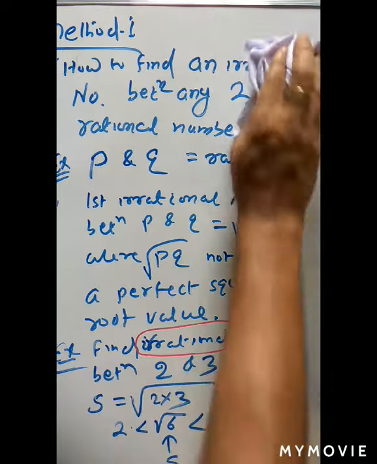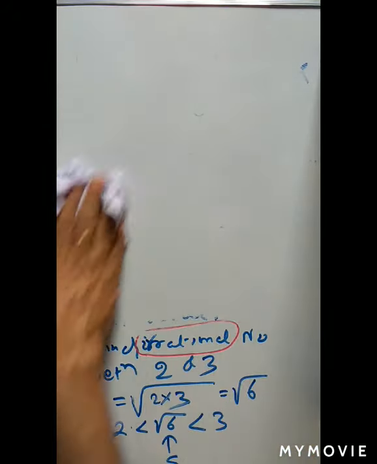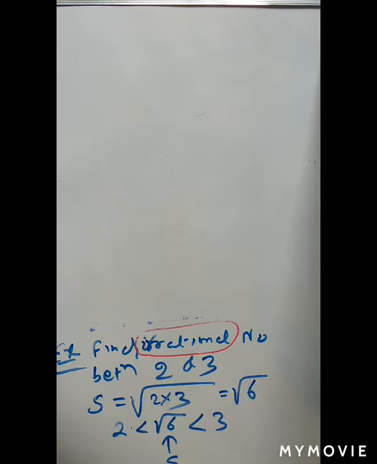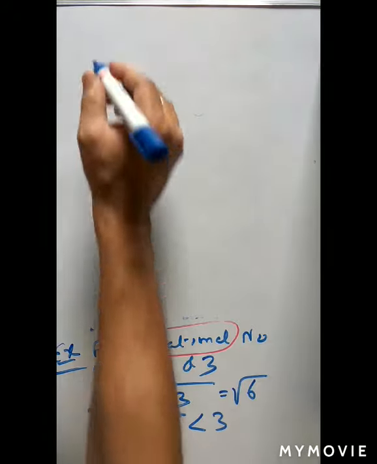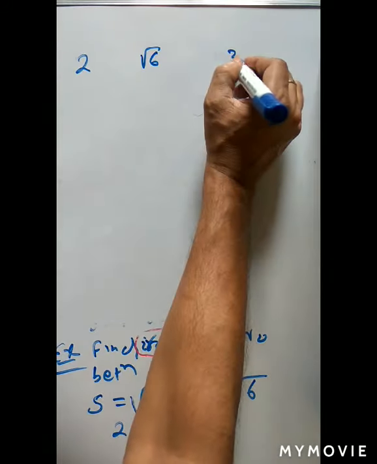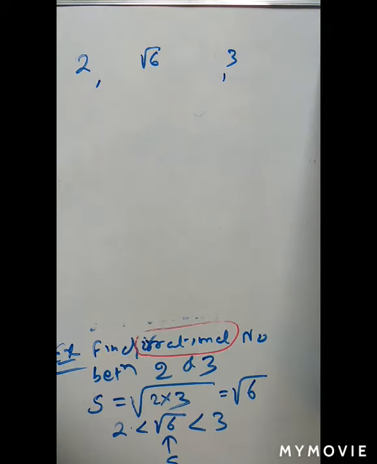Is it clear? Now suppose I want to find another irrational number between 2 and 3. First I got, this is 2, this is root 6, this is 3. In between 2 and 3 I got one irrational number, that is root 6.